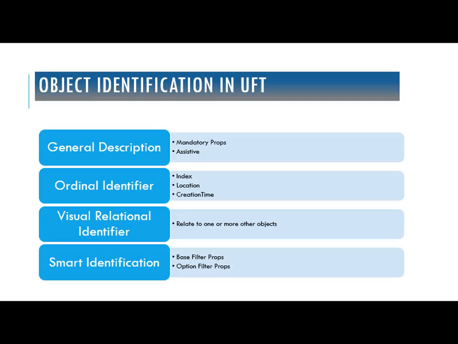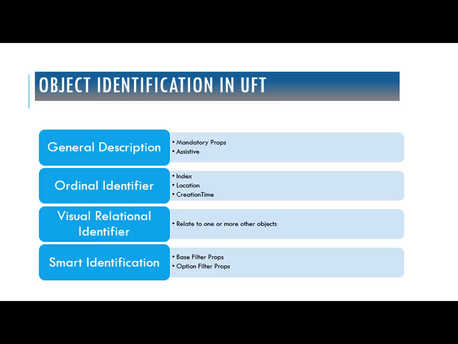Those decide which properties will be prioritized, and you make the order in this. When you use smart identification, what it does is filter the object one by one by the properties that we specify. Yesterday we didn't see it in the practical, but today we'll see how exactly smart identification works.